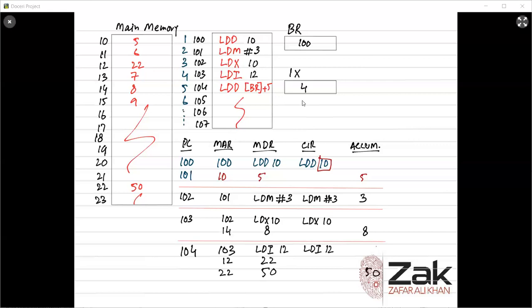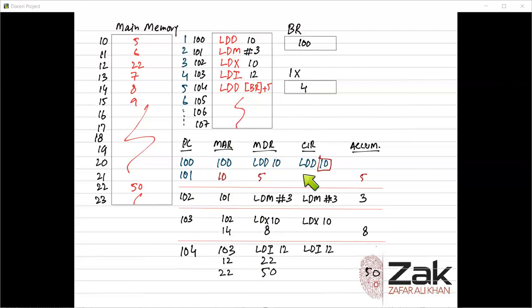So you got it? Okay. All right. So if you want to load this 10 to accumulator, then you would have to use the LDM command. All right, beta. Good. So this is how we actually do the whole thing.